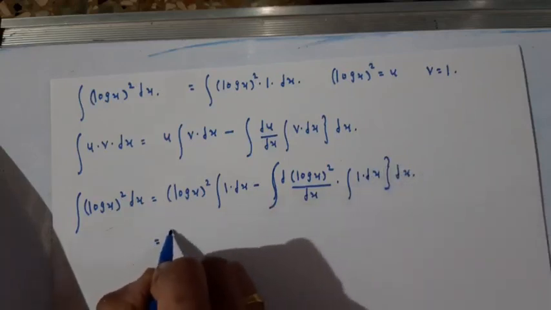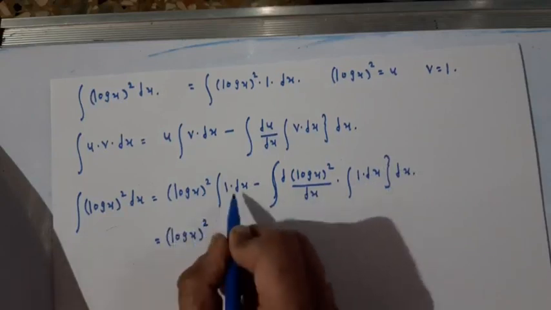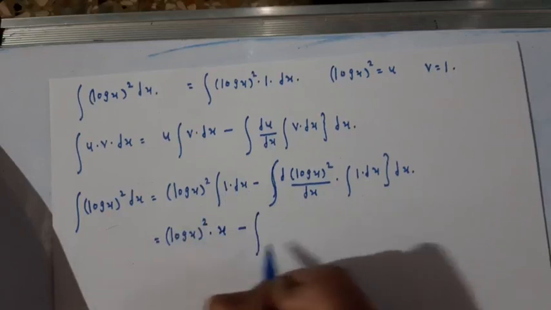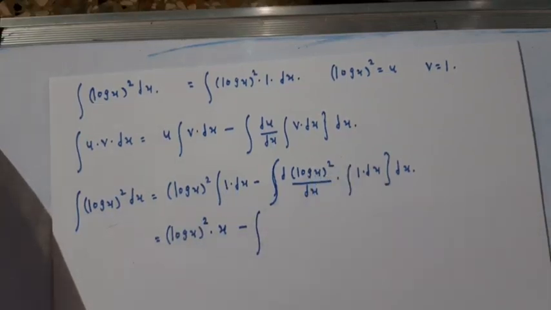So this is equal to log of x whole square, the integration of 1 with respect to x is x, minus the integration of the differentiation of log of x whole square.